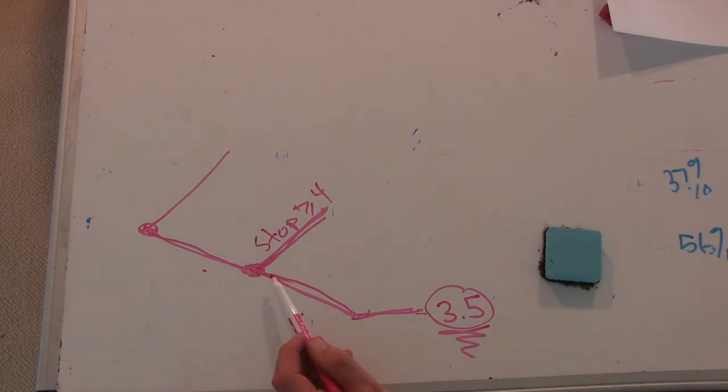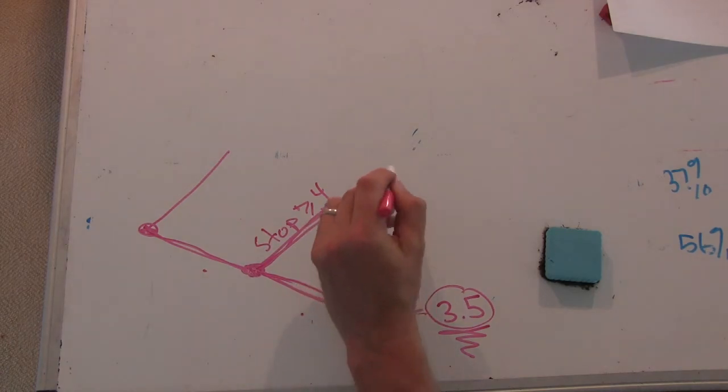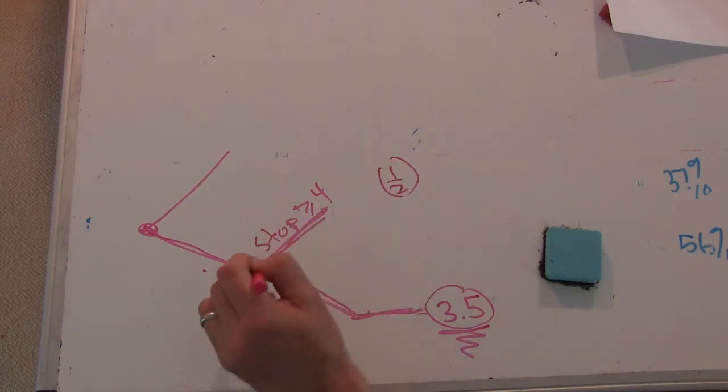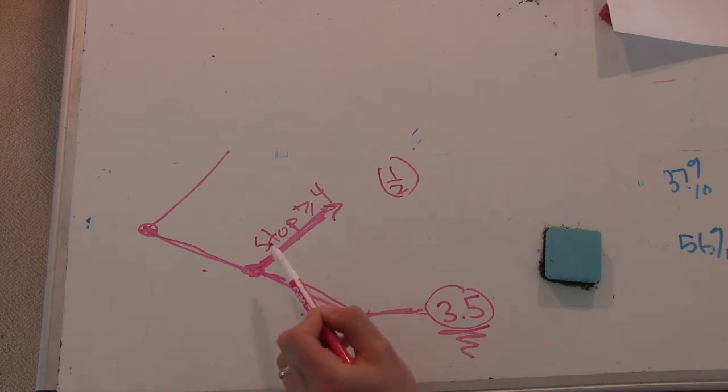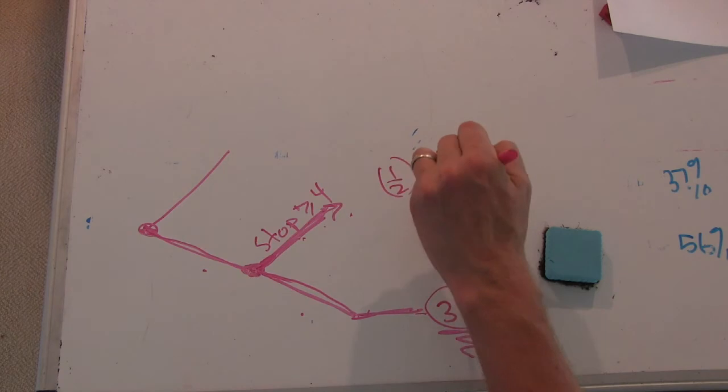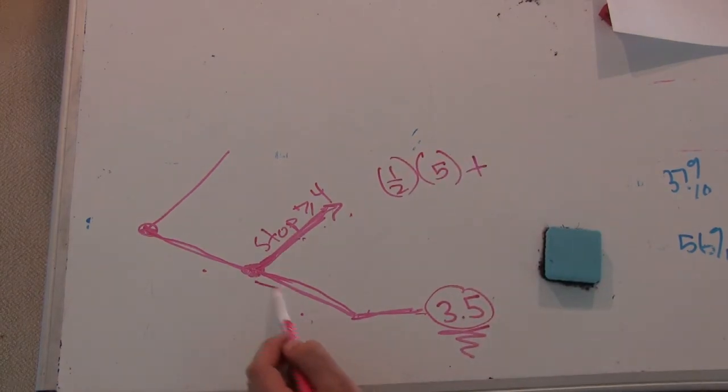On this one, it looks like I'm going to stop if I'm greater than or equal to 4, so that means half the time, if I go up here, what's my expected value? You get 5. Yeah. So I either get a 4 or 5 or 6 with equal probability. So half the time I'm going to get a 5. And then if I go down here, which is also half the time, I get 3.5.